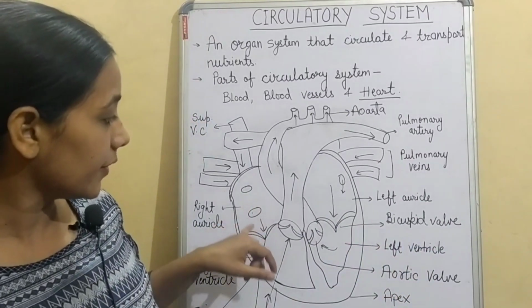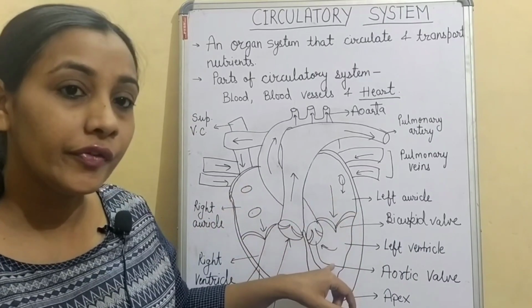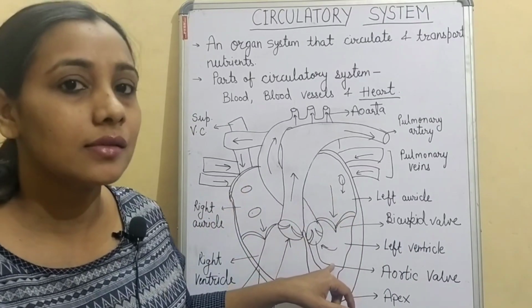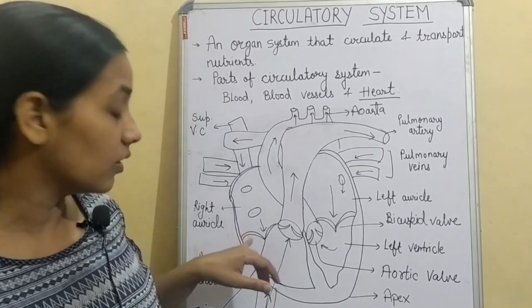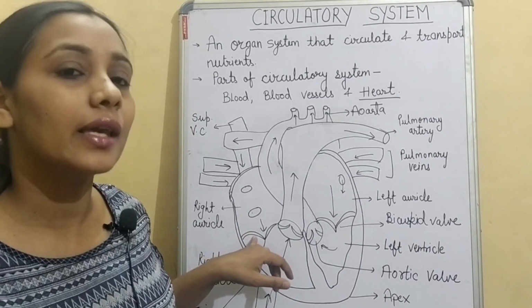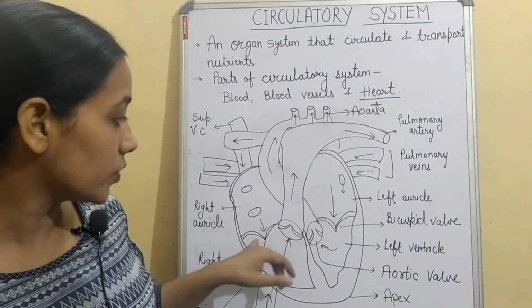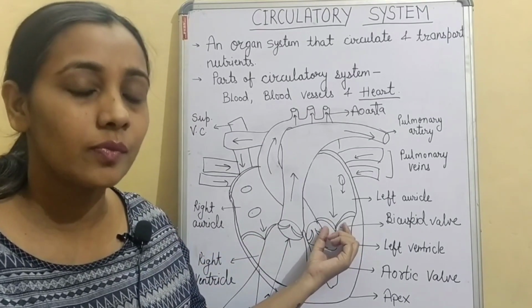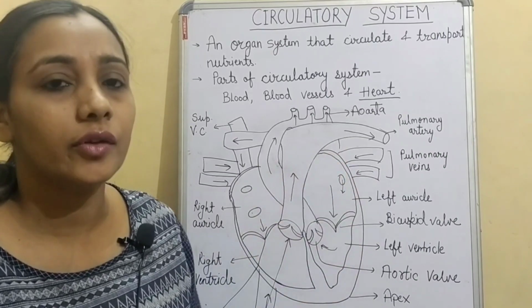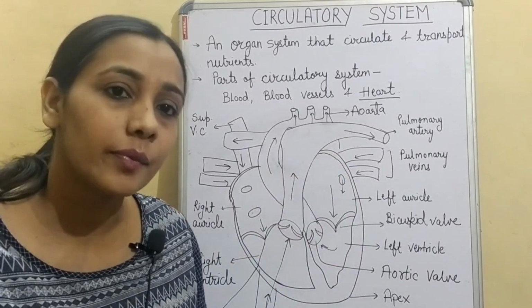Now as we can see, the auricle and ventricles are again separated not by a wall but by valves. So this and this are known as valves by which auricles and ventricles are separated. Now why are they separated?